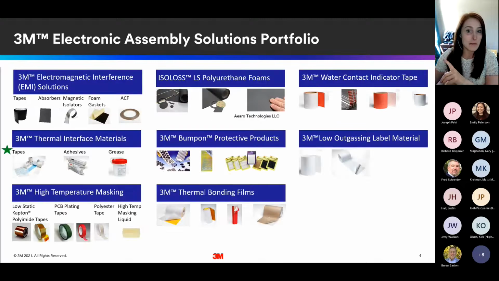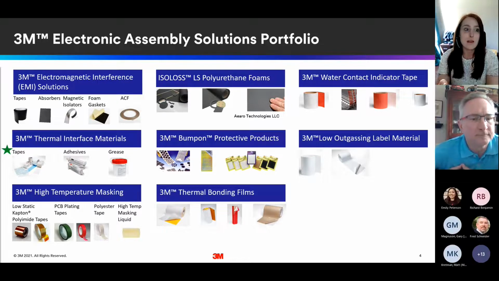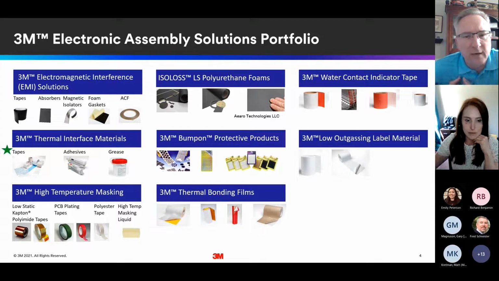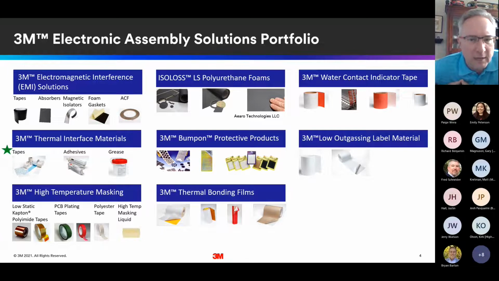Actually, one second before we dive in, just to show you that we're going to be talking about the thermally conductive tapes from 3M today, but we have a variety of solutions that Mel Foster is your go-to for. You may have other projects in other areas, or other members of your team working in other areas, such as EMI, electromagnetic interference problems. We have a line of products that help with grounding and shielding to deal with EMI. There are some high temperature masking tapes for printed circuit board assembly.